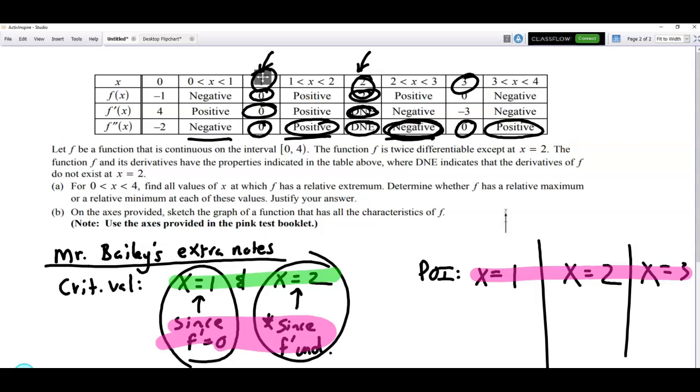Now for these, the answer could be the same for all of them because they all have the same explanation. And here's the reason. These are all points of inflection since f double prime changes signs at these points.